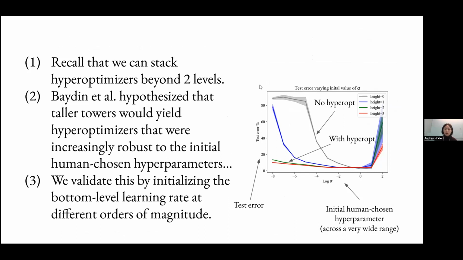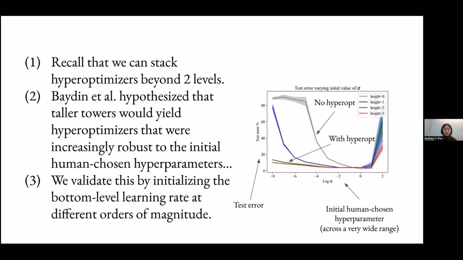In the graph on the right, the x-axis is the initialization of the bottom level learning rate on a log scale. So this value over here is 10 to the 2, which is 100, and the value over here is 10 to the negative 8, sorry about that. And then the y-axis is plotting test error, the final test error after we ran each of these.